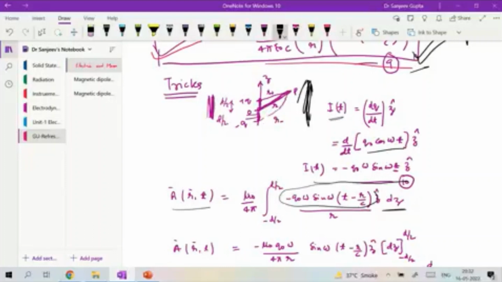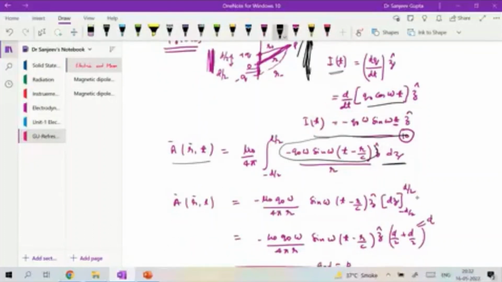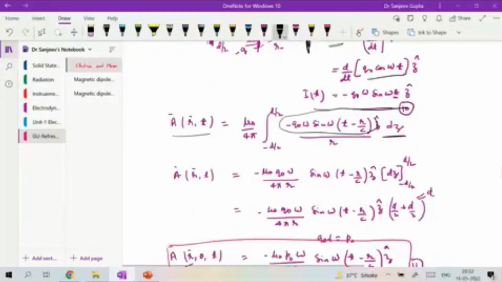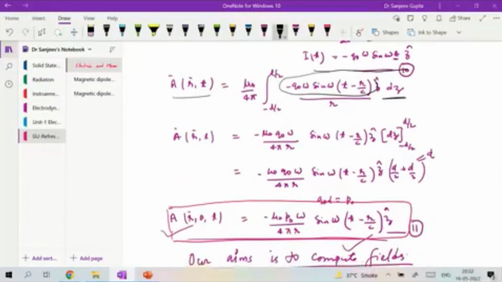Now we can write the vector potential: mu 0 upon 4 pi, integration from minus d by 2 to positive d by 2, dz upon r. Once you put all these things, you get the vector potential A(r, theta, t) as minus mu 0 p0 omega upon 4 pi r, sin omega t minus r by c, along the z axis.